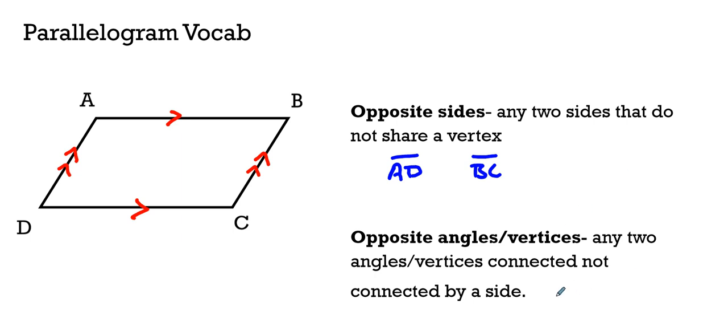If you can't get from one vertex to another without passing another vertex first, they're going to be opposite. For example, if I start at angle A and want to get to angle C, I can't get to angle C without going through D or B, so I know that A and C are opposite. There's no side that connects those two.